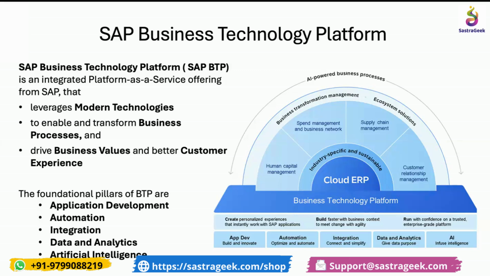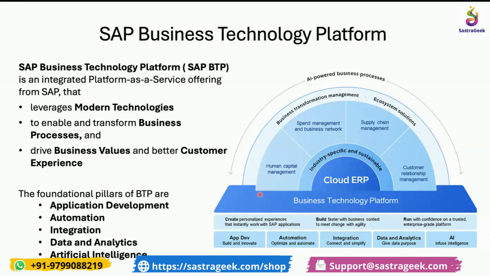Integration, simplified connectivity. Data and analytics, where you have data governance also. And AI technology is infused throughout the system. There are some services given out for free, some that are a subscription. Then there's the Gen AI side of it.